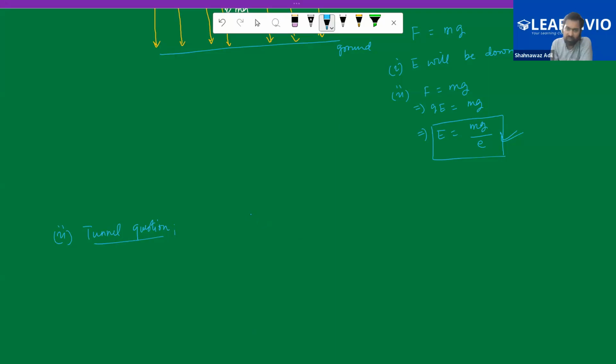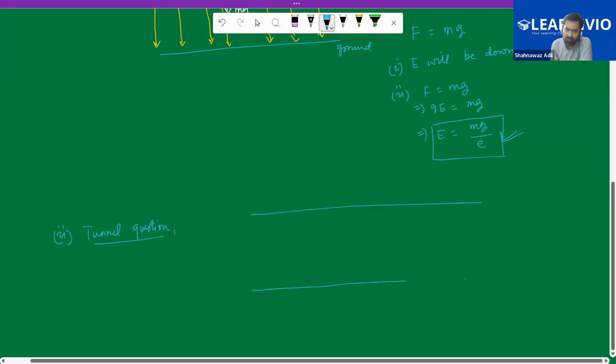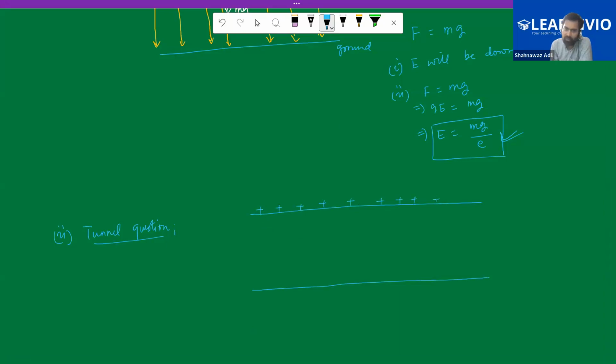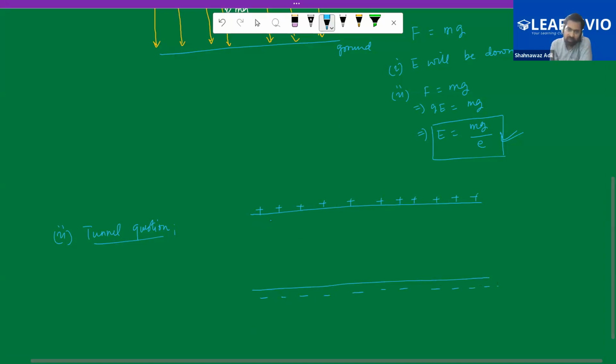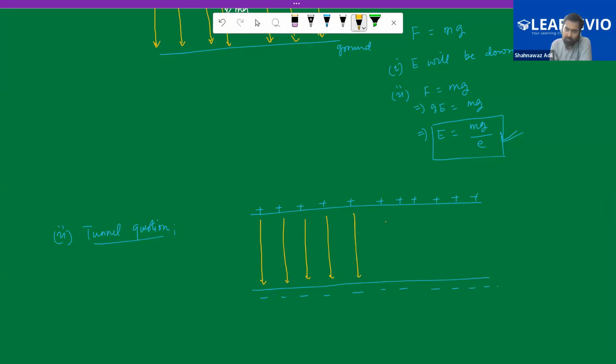So you will have this kind of tunnel. And let's say this is a positive charge. This is negative charge. So the electric field is in this direction. Right, this is the direction of the electric field.